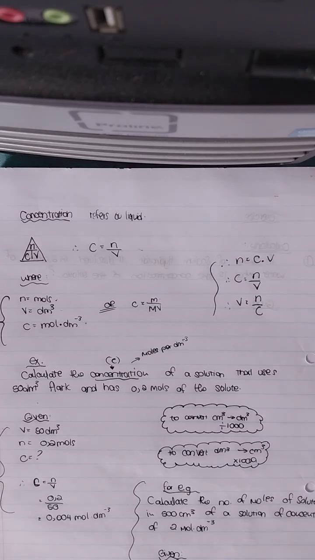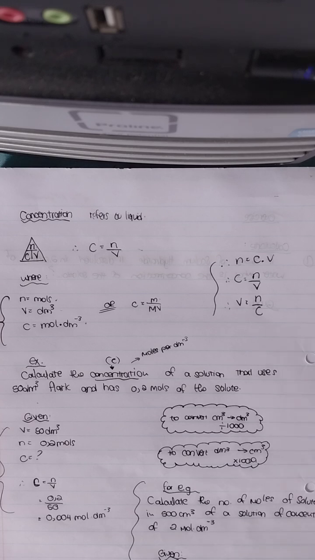Okay? So an amount of substance, which is our number of moles, dissolved in a given volume is known as the concentration of a solute per unit volume of a solution.